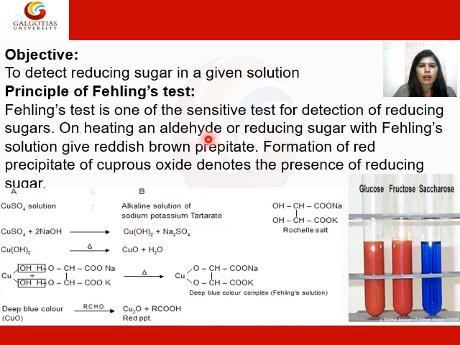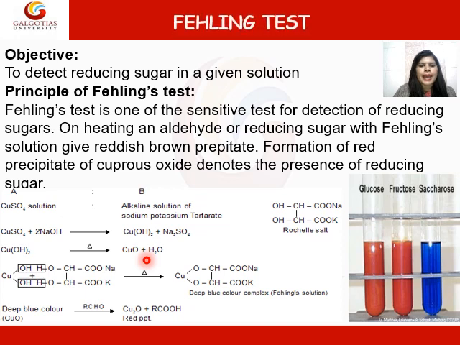Fehling solution or Fehling reagent comprises two solutions, Fehling solution A and B. Fehling solution A is aqueous copper sulfate and Fehling B solution is alkaline sodium potassium tartrate, also known as Rochelle's salt. Rochelle salt, that is the sodium potassium tartrate present in the reagent, acts as a chelating agent in this reaction. These two solutions are mixed in equal amounts before the test.